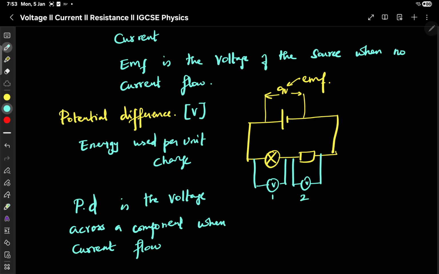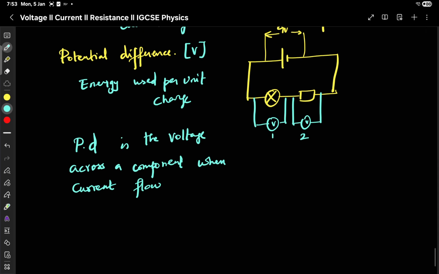And you also know that PD is always less than EMF, or it will be lesser than or equal to EMF if there is no energy loss.